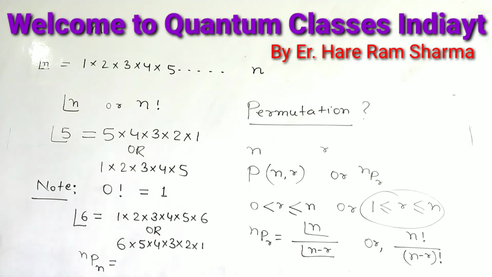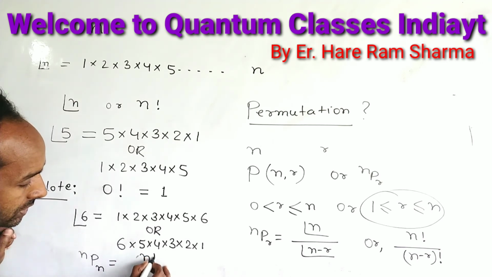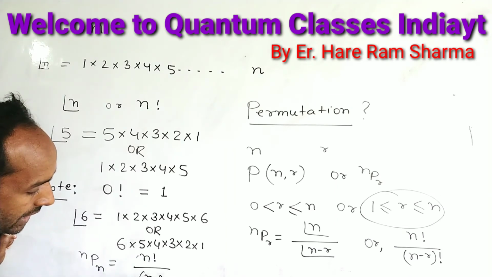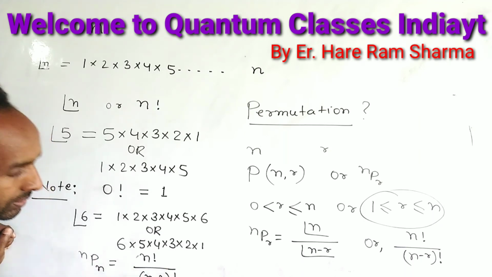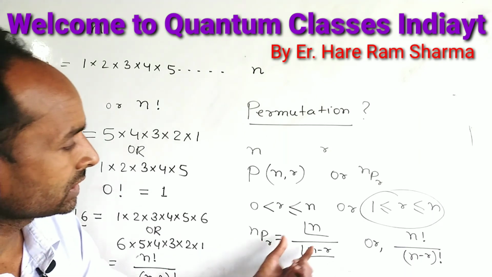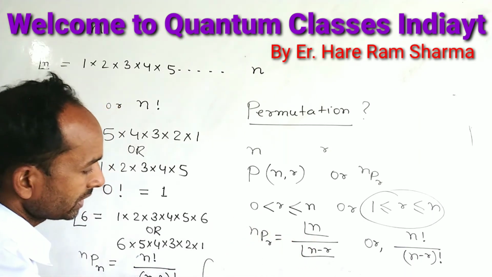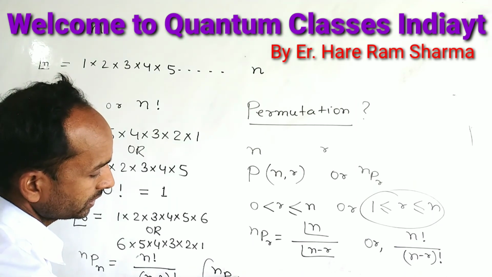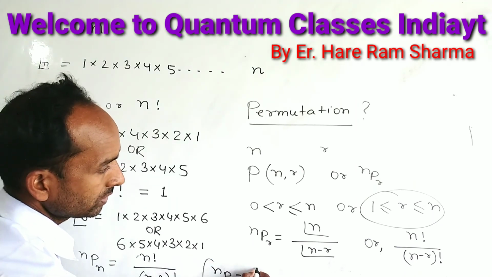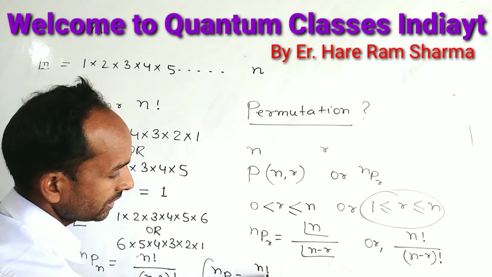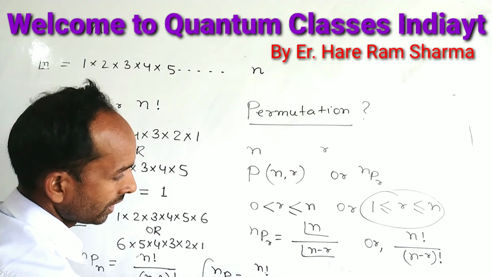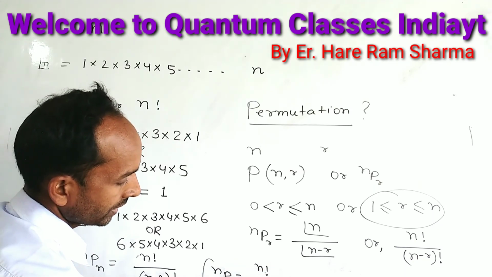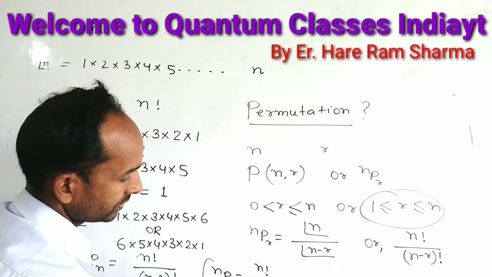Then it can be written as nPn, and the value of nPn is equal to factorial n divided by factorial n minus n, because I have just written the formula of nPr equal to factorial n divided by factorial n minus r.